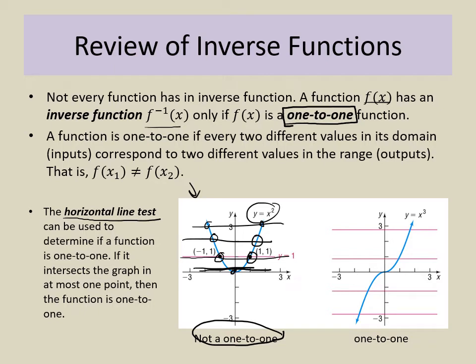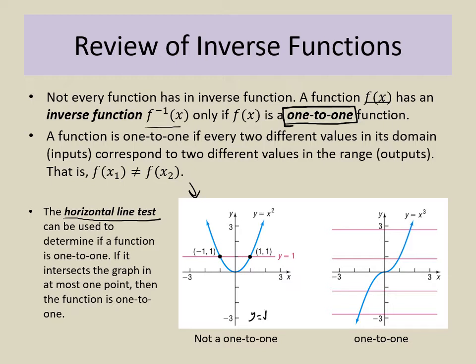Now, someone who has been paying attention would say, hey, wait a minute, how come this function doesn't have an inverse? Couldn't I reverse that and say y equals the square root of x? Isn't that an inverse function of y equals x squared?